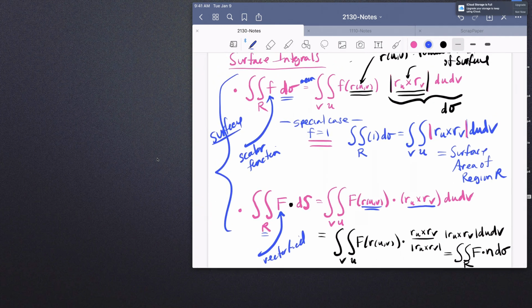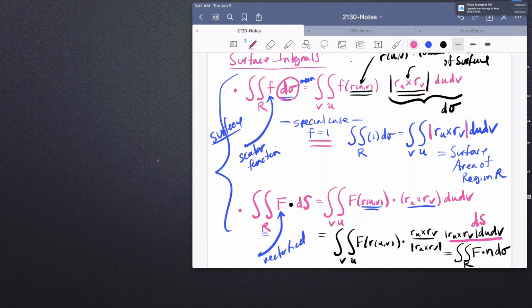We have the same trick that we had in the line integral case: when you divide by the magnitude of r_u cross r_v, we see the d sigma notation appear from the scalar case. So r_u cross r_v du dv is what we call d sigma.